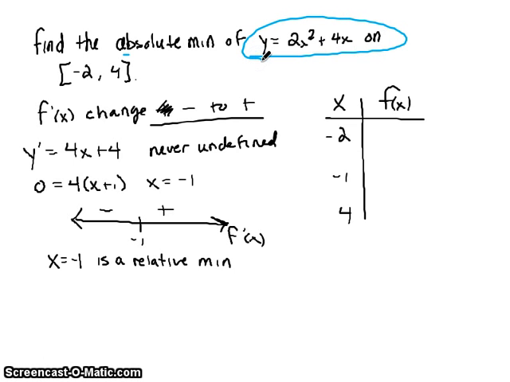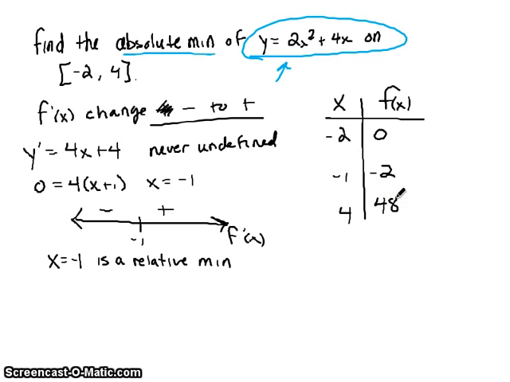We want the absolute minimum of this function, so we want to plug these values into the function. -2 squared is 4 times 2 is 8, minus 8 from the other one, that should give us a 0. -1 squared is 1 times 2 is 2, minus 4 is -2, and 4 squared is 16, times 2 is 32, and 32 plus 16 is 48.